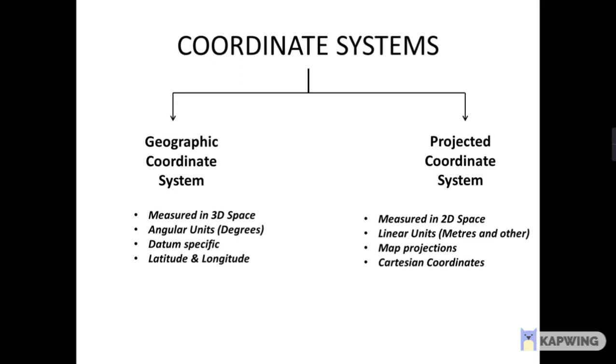This Cartesian coordinate system is nothing but simply a graph sheet in which the location of a particular place is calculated by its distance from the origin. That is, how far the particular place is from the origin in terms of its x-axis as well as the y-axis.